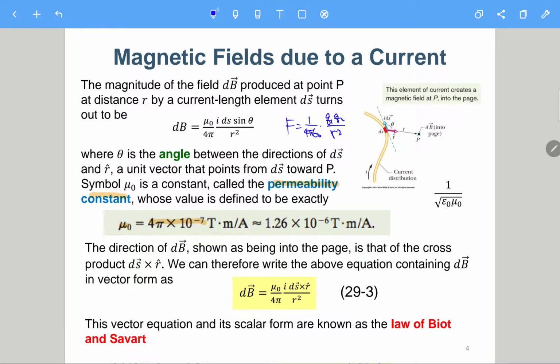So if we write it in a vector form, we will have dB vector on the left hand side, and on the right hand side we have I times ds cross r hat, the unit vector in the r direction, over r squared. So the r hat is determined by this.